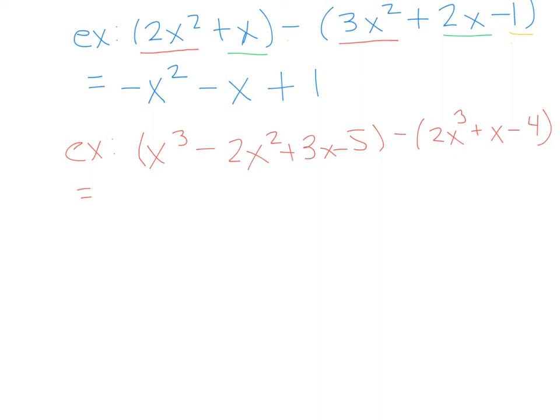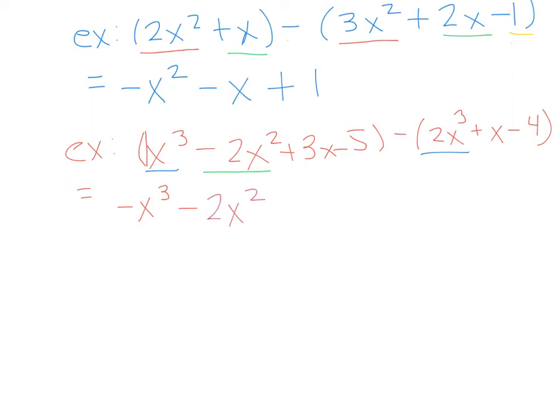Okay, we've got our x cubed terms. We can assume that we've got a 1 for our coefficient here, so 1 minus 2 is going to be a negative 1, so we get a negative x cubed. And the x squared terms, we only have just the minus 2x squared. There's not an x squared term in the second polynomial, so that's just a minus 2x squared.